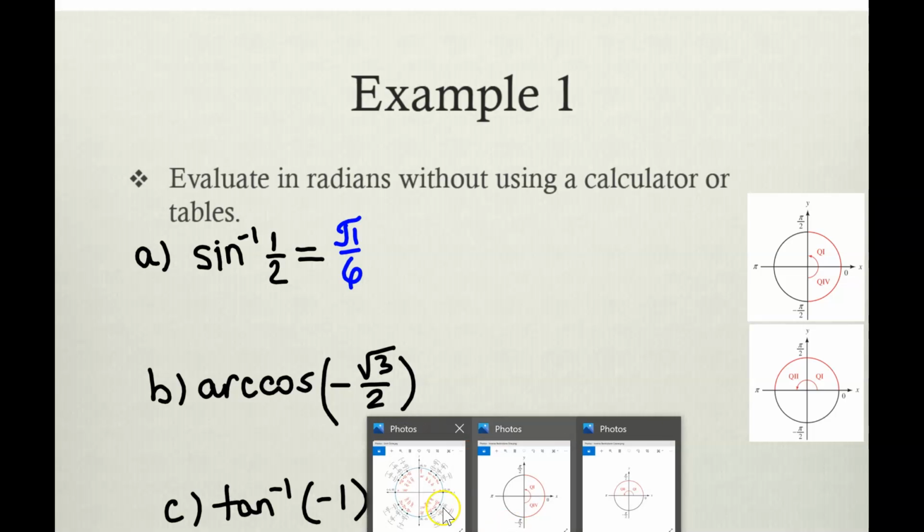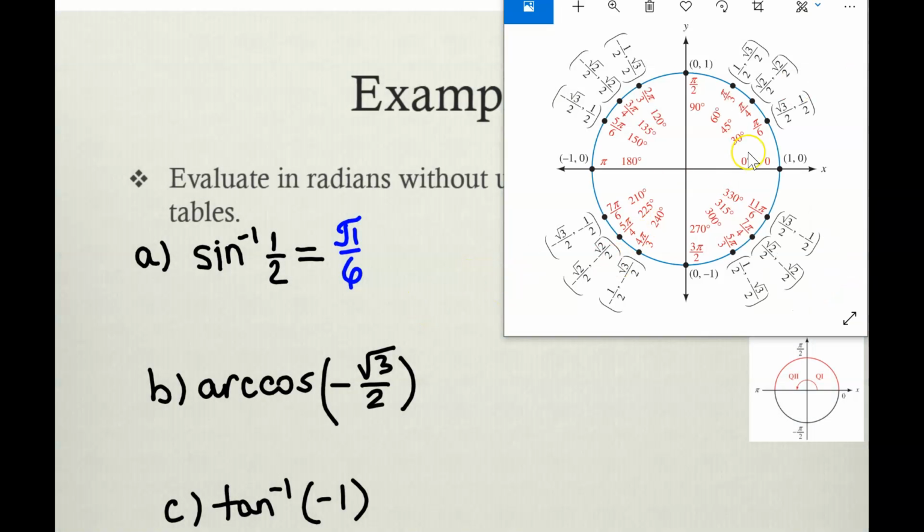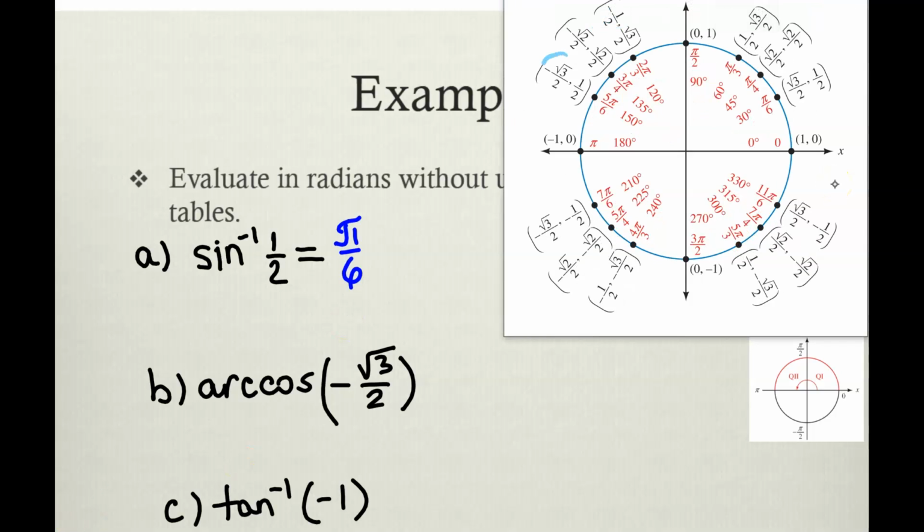So we're looking for the angle whose cosine is negative square root of 3 over 2. And such an angle, in these two quarters, is 5 pi over 6. Let's write it down.